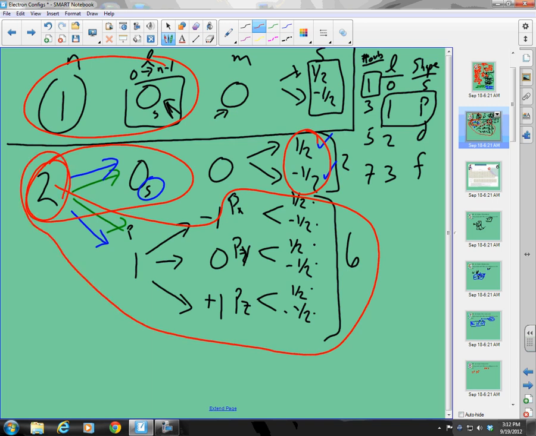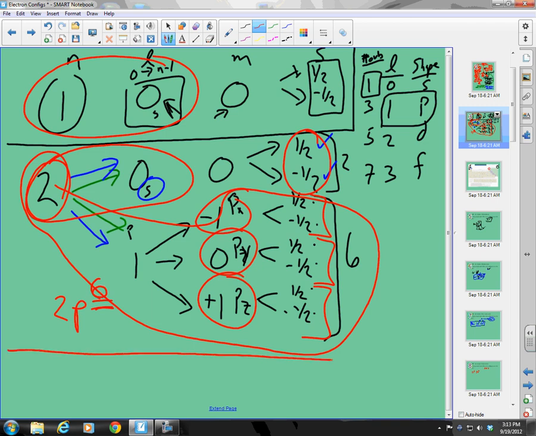How many p orbitals do I have? I have 1, 2, 3 p orbitals, so I could go 2p. And how many electrons in each orbital? Well, there's 2 here, and 2 possibly here, and 2 possibly here. So I can go as far as 2p6 before I have to move on to my next energy level.